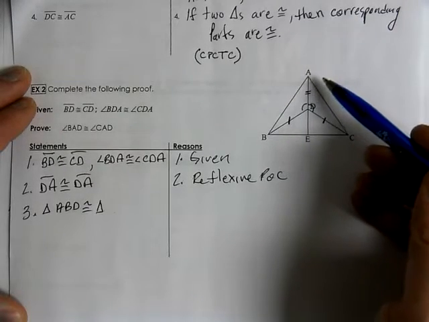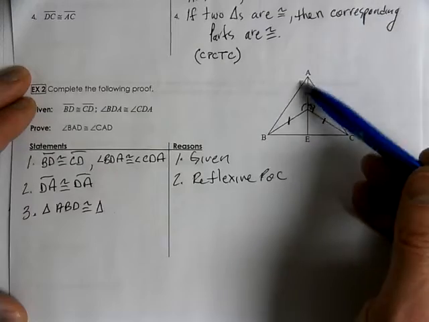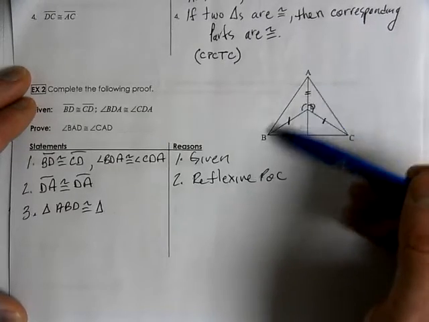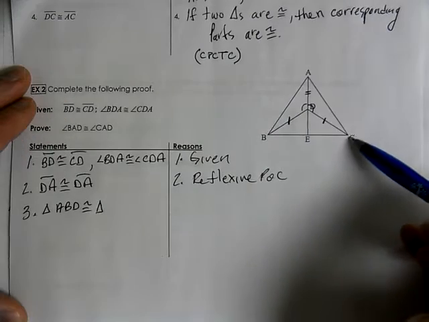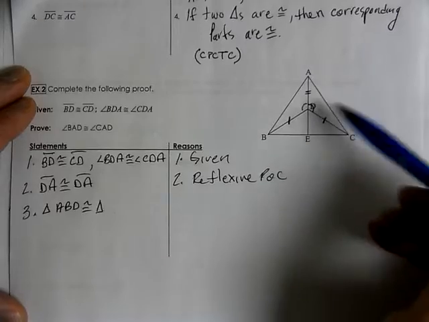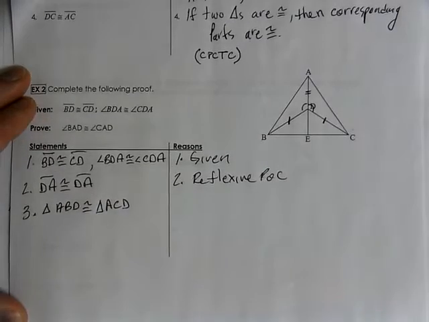Now I have to say this in the same order. ACD. If I went ABD down this long side and up the one ticker, I have to go down the long side and up the one ticker, ACD. It's important that you label the second triangle to match the first triangle.